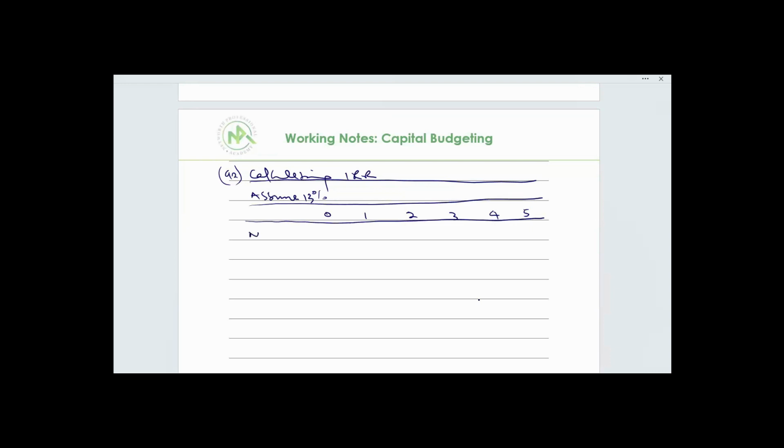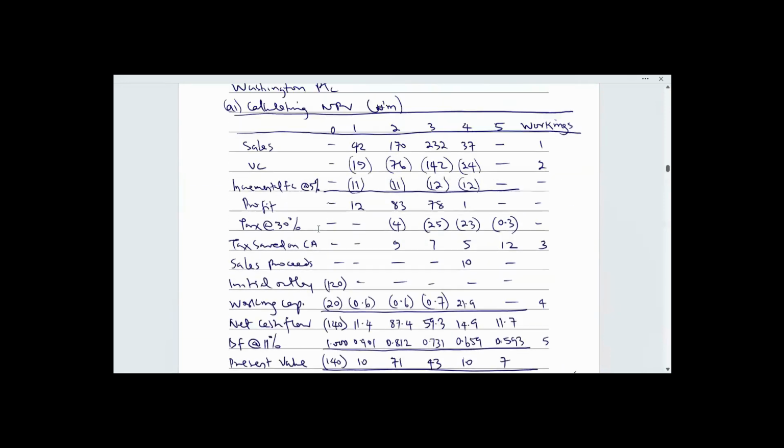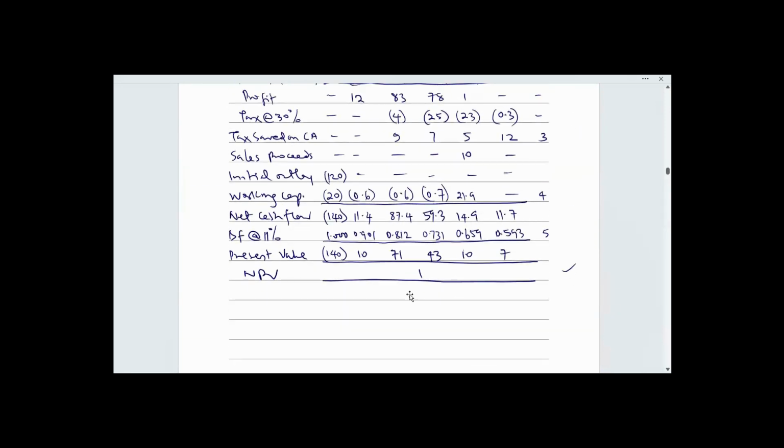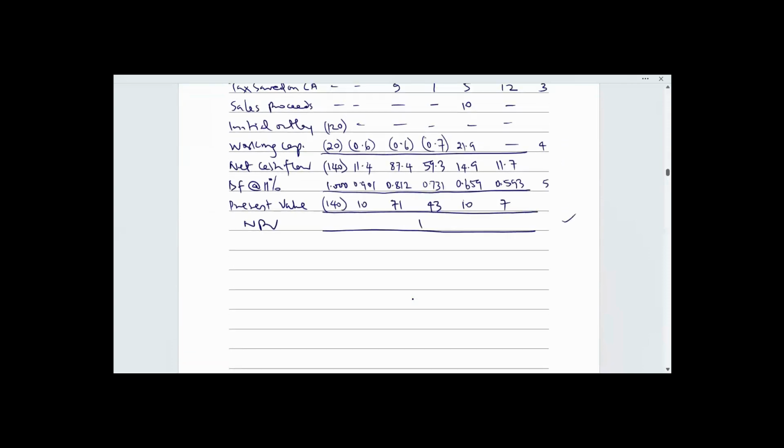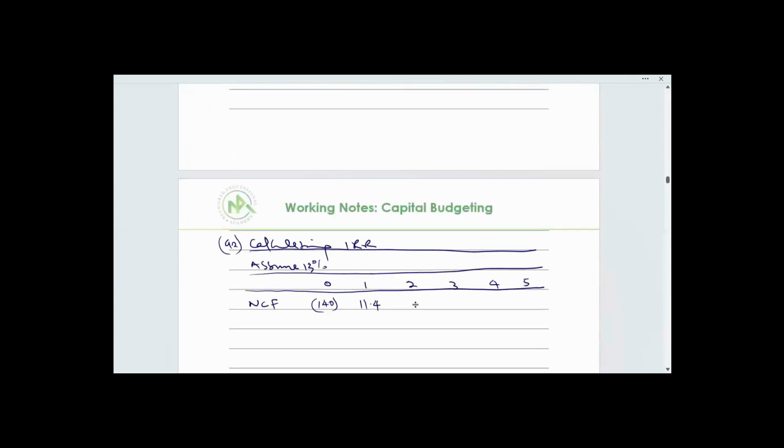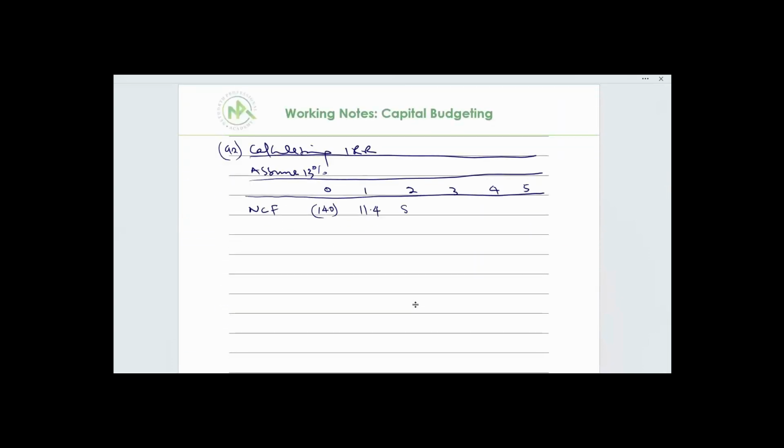So my net cash flow that I have up there is 140 million. Year 1 net cash flow is 11.4. Year 2, 87.4.